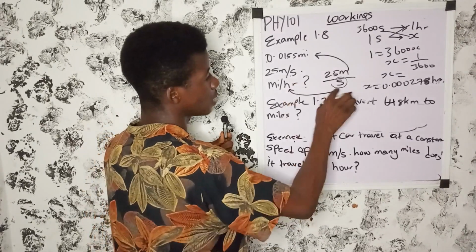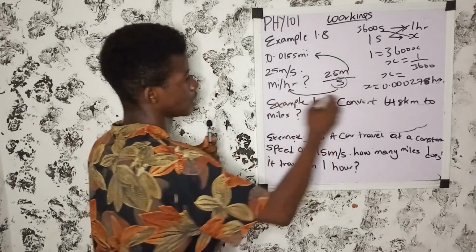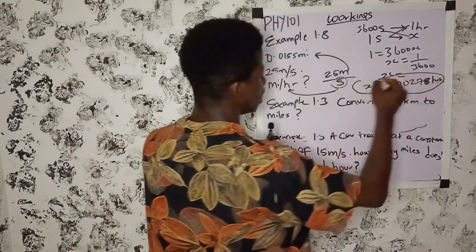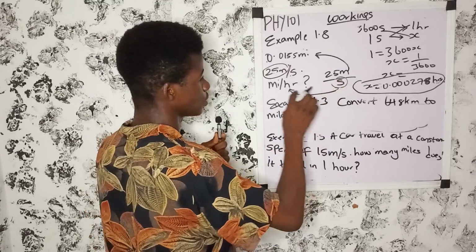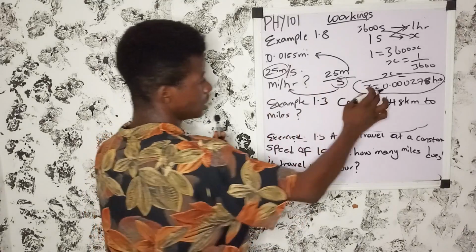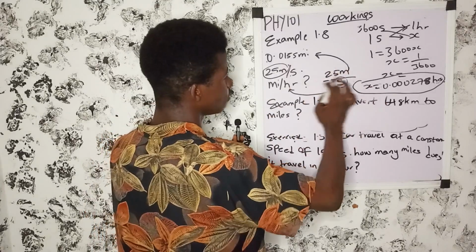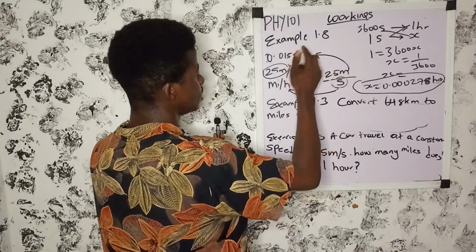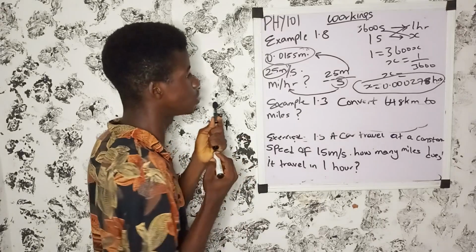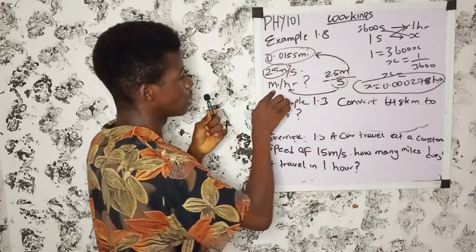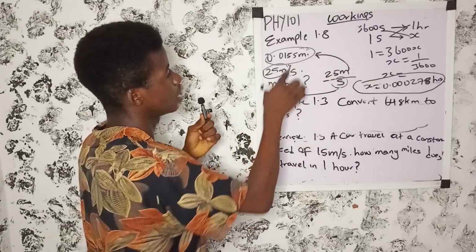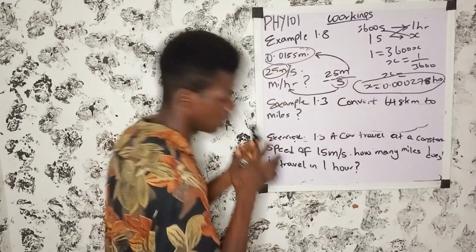So we have converted 1 second to hours to be this, then we have converted 25 meters to miles to be this. As we have finally gotten our answer, we need to divide the two, because we are looking for miles per hour.